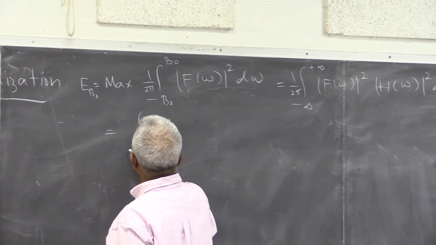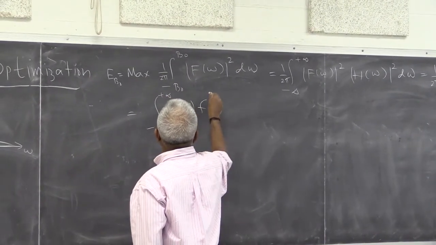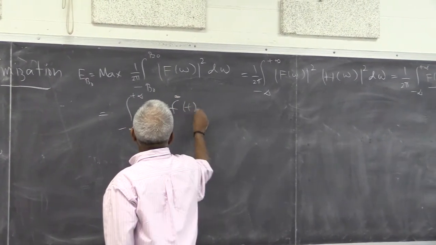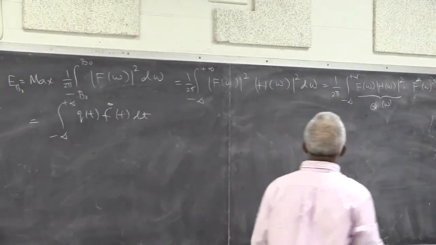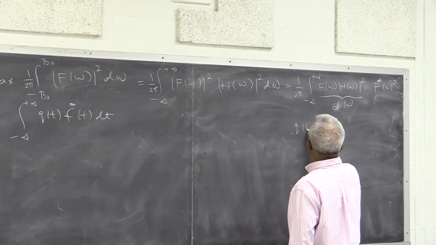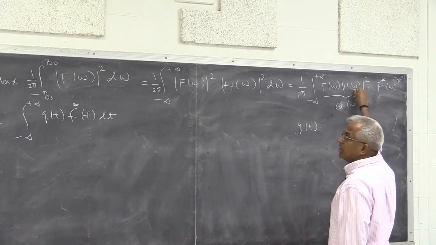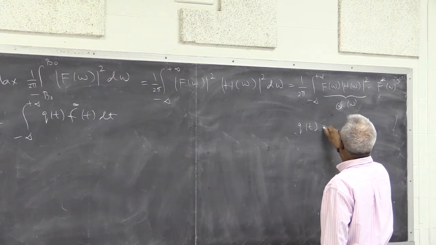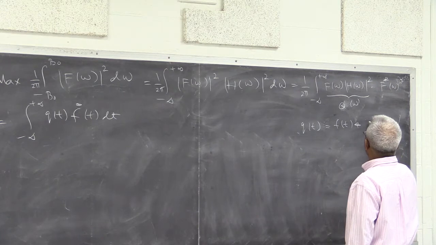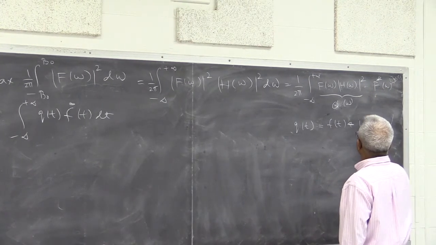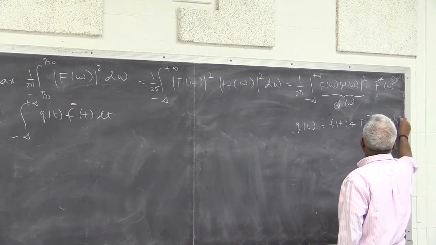So in the time domain, that's the integral from minus infinity to plus infinity of q(t) f star(t) dt, where q(t) is of course the inverse transform of Q(omega). q(t) is the inverse transform of this. So that's going to be f(t) convolved with the inverse transform of |H(omega)|^2, the Fourier inverse of |H(omega)|^2.